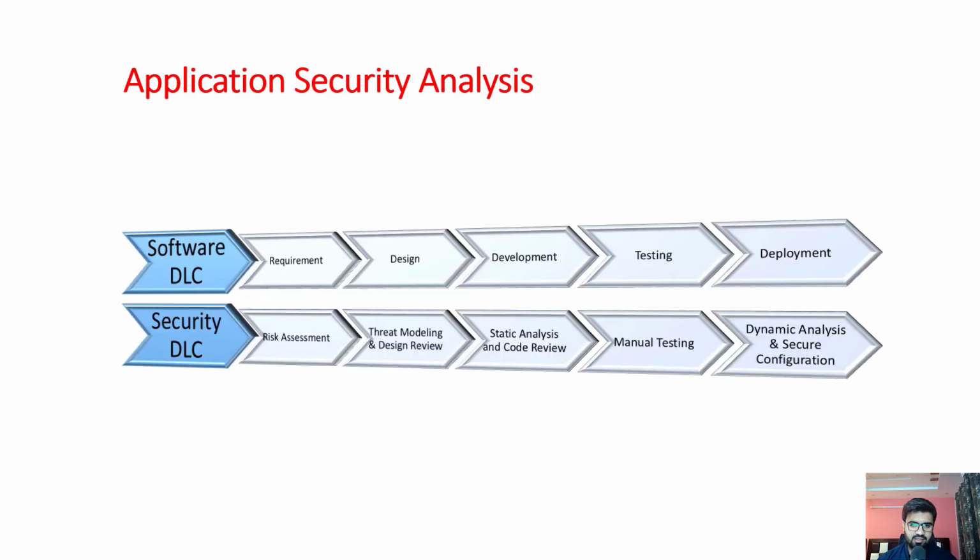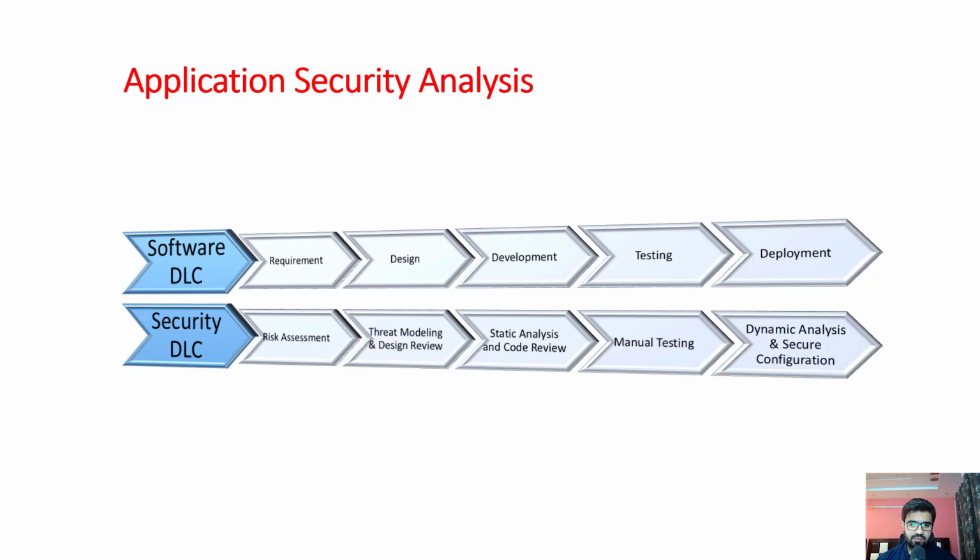You see here the different steps of the software development life cycle mapped against the security development life cycle stages. There is a risk assessment activity in the security development life cycle, which is a process to identify security hazards, carried out while compiling requirements for the product. In the design phase, potential security threats are identified through threat modeling.